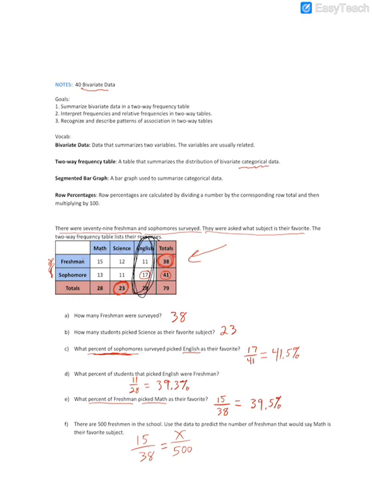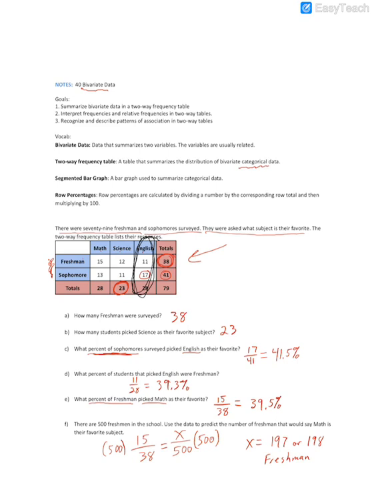When I look at this, this is a division problem, so I want to get rid of the 500, so I multiply by 500 on both sides. That's going to give me X, which stands for the number of freshmen, and we just take that number and multiply it by 500, and then we get a decimal, so then we have to choose. It's going to be somewhere between 197 or 198 freshmen would pick math.